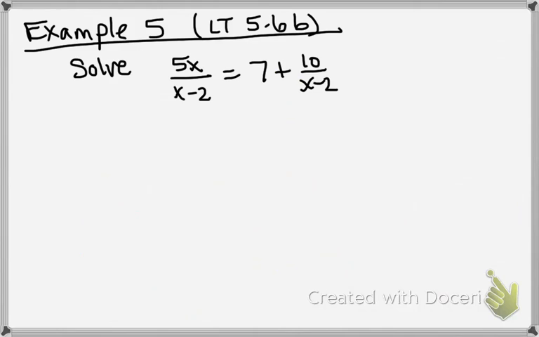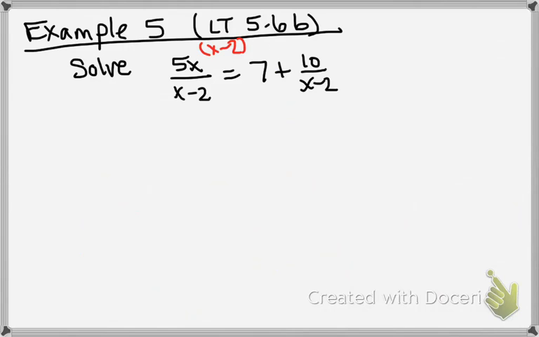So now let's look at one more problem, solving this by the second method. So learning target 5.6b. I want us to solve 5x over x minus 2 equals 7 plus 10 over x minus 2. So I'm going to multiply first by the factors, and looking at my denominators I see that I only have linear factors.